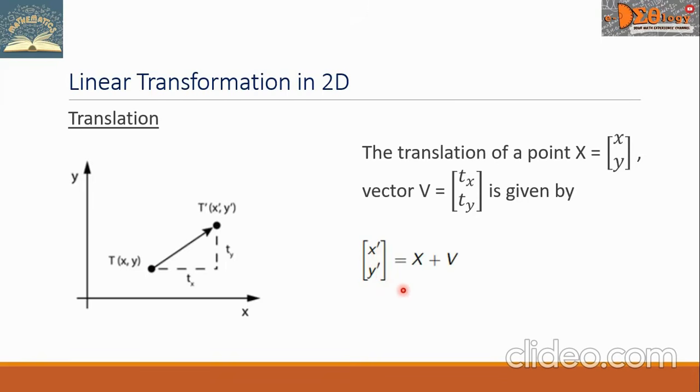This is equal to matrix X plus matrix V. When we substitute the corresponding matrices and do the operation, we will have this column matrix. The first element, x plus t sub x. The second element, y plus t sub y.